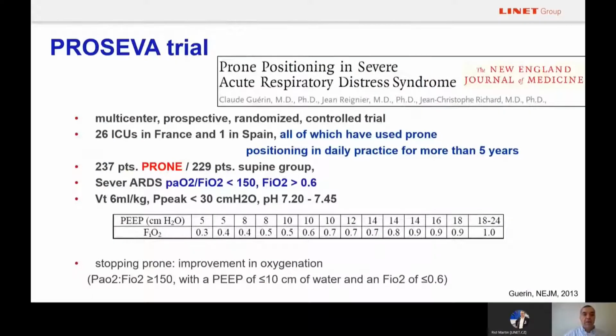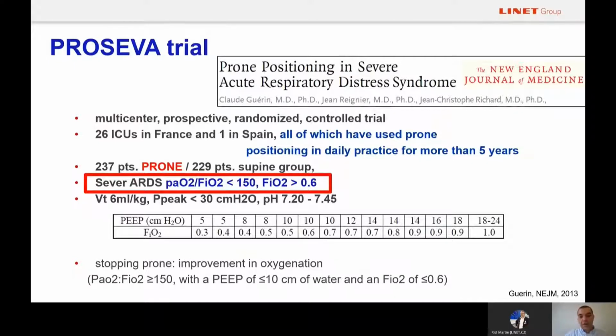Then again, the breakthrough ProSEVA trial brought us information about a reduction of mortality with proning. They started the prone position in patients with PaO2/FiO2 below 150, with FiO2 above 60%.